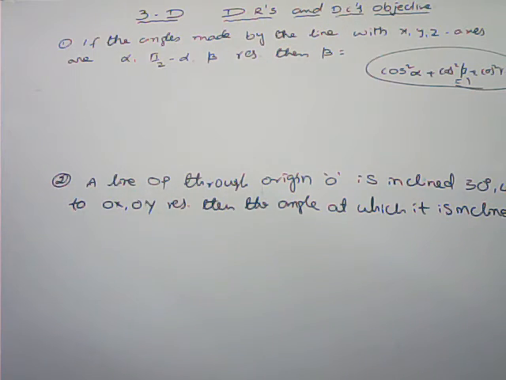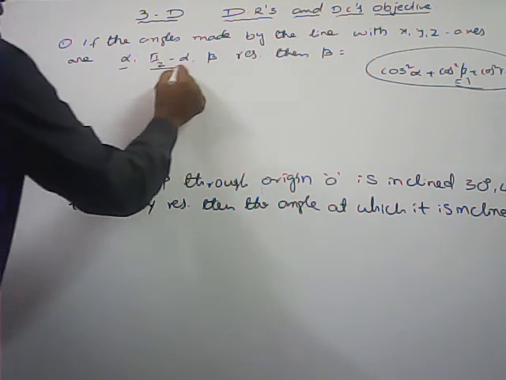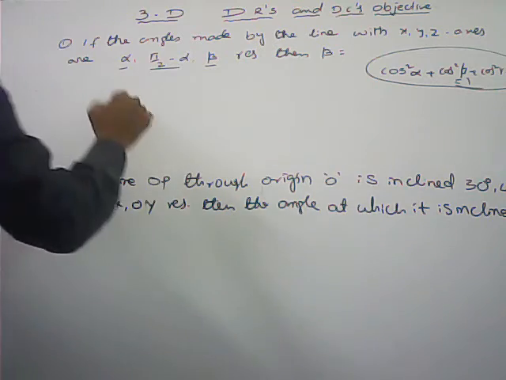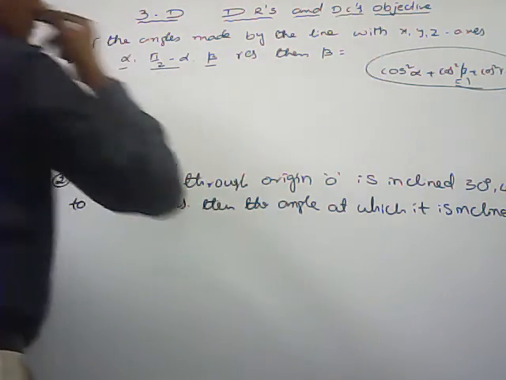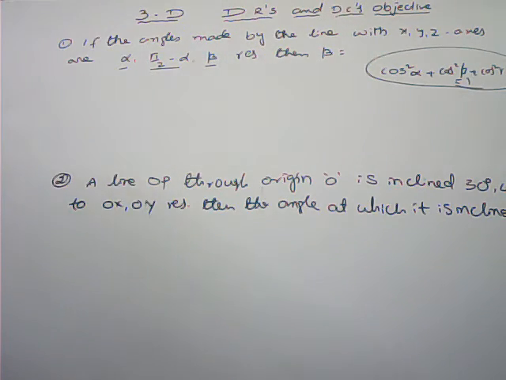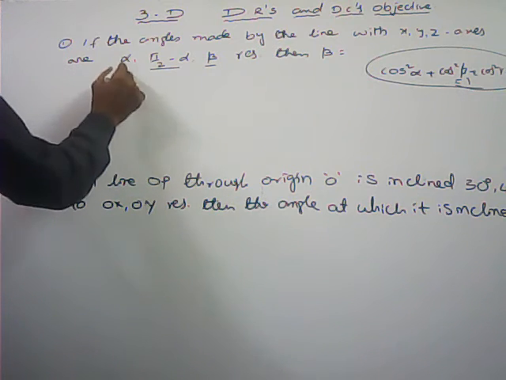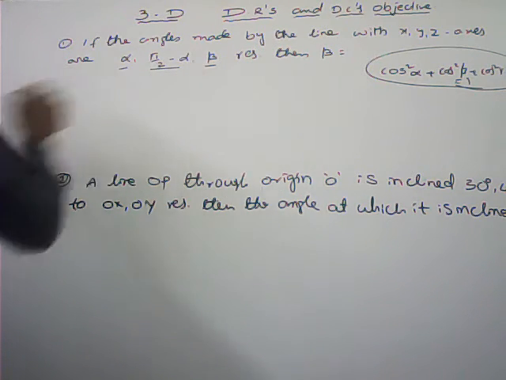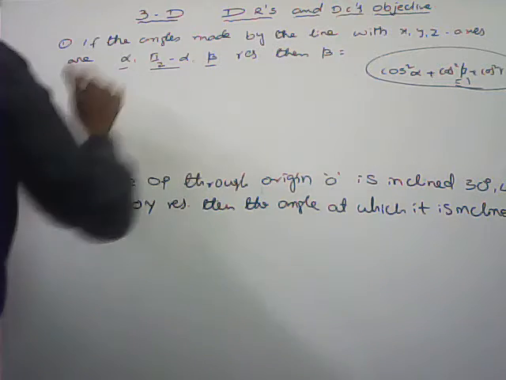Now, if any three numbers are given, how to know whether they are DRs or DCs? Sum of the squares, if you get 1, those are the DCs. So here alpha and gamma are given. How to get the beta value? What is the condition here?